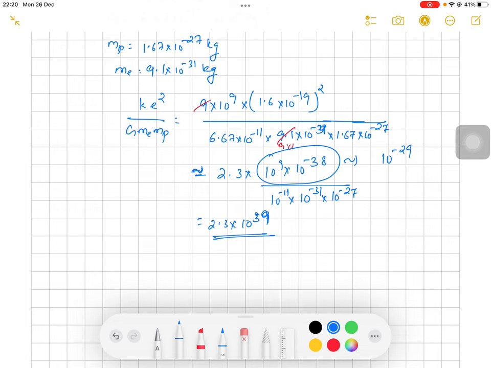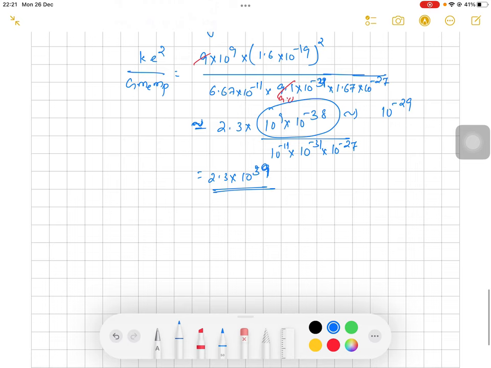So ke² by G me mp is 2.3 into 10 to the power 39. That means ke² is the electric force and G me mp is the gravitational force, so the ratio is electric force with gravitational force.